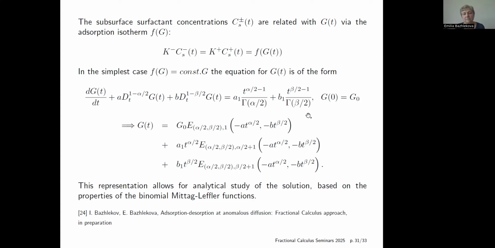This representation allows for analytical study of the solution based on the properties of the binomial Mittag-Leffler functions. And this is work in preparation.